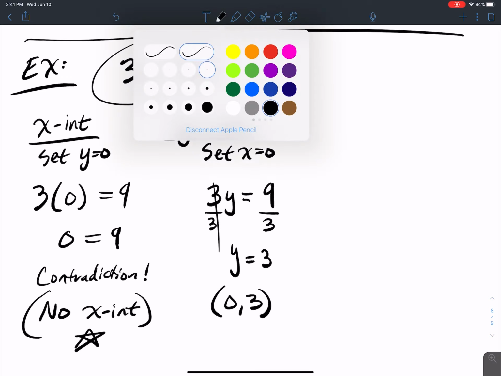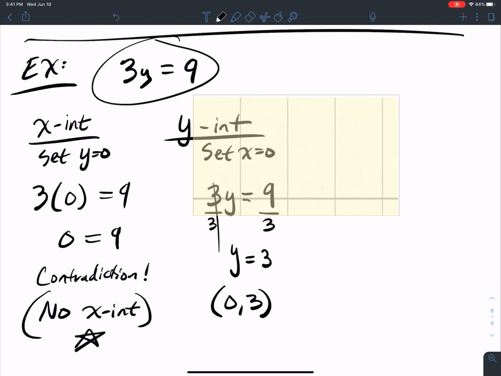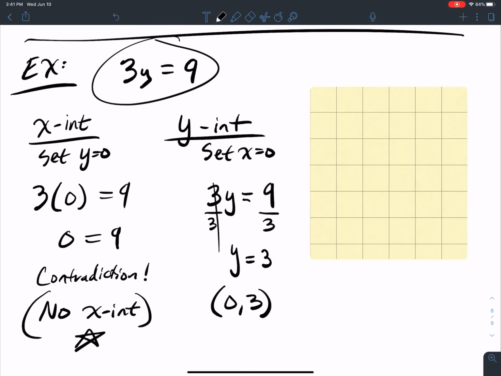So if I graph this, this is my x-axis, this is my y-axis. I've only got this point right here, the y-intercept, 1, 2, 3.